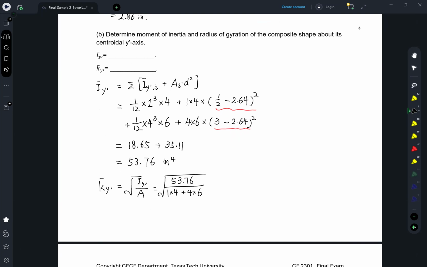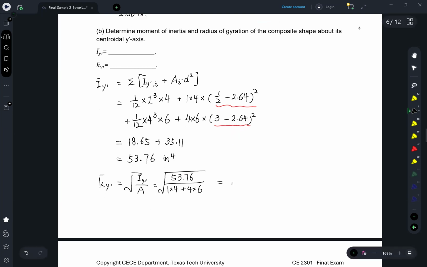So taking the square root of that, divided by the summation of the two parts, you have it equals 1.39 inch. Okay, so this is the answer for the second part.